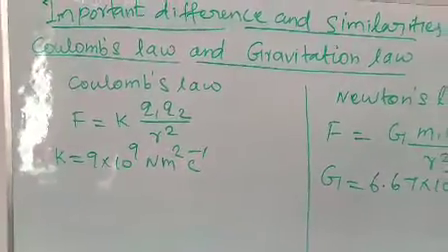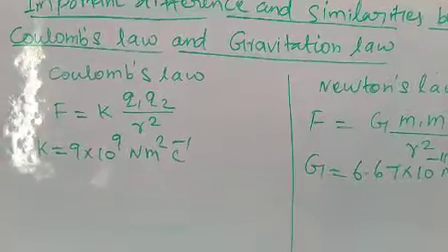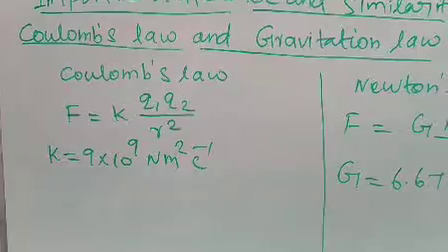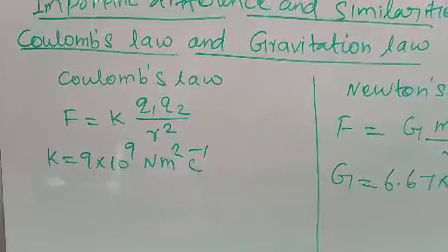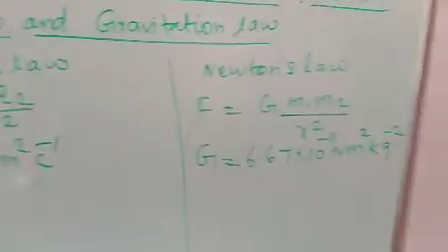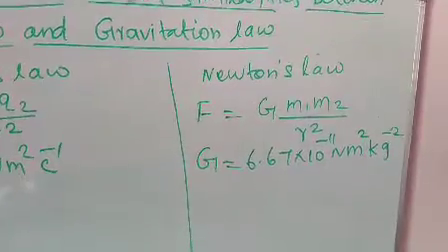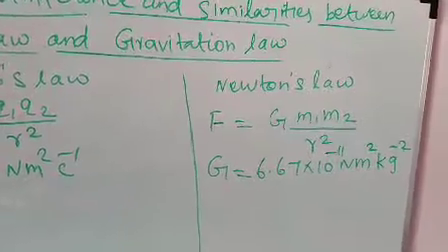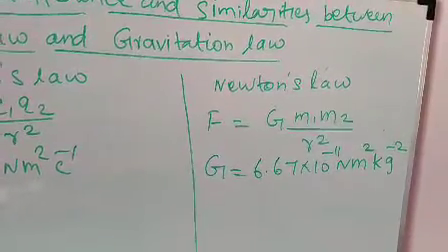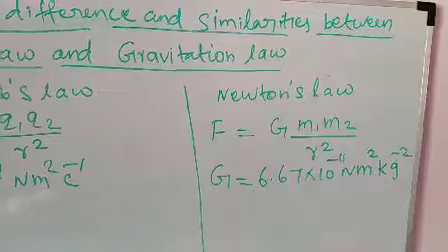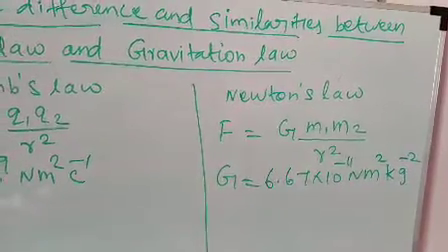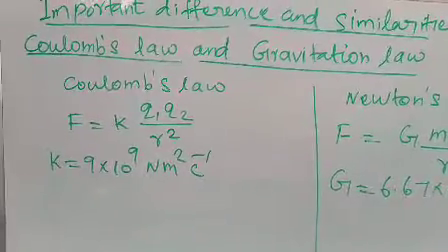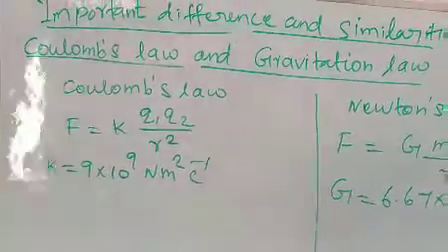The value of proportionality constant K is equal to 9 into 10 power 9 Newton meter square Coulomb inverse 2. The value of gravitational constant G is equal to 6.67 into 10 power minus 11 Newton meter square kg power minus 2. Then the K value depends on the medium.